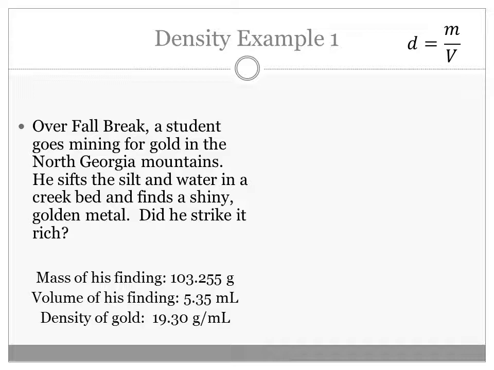So the idea here is, can I find the density of this golden metal that he found in the creek bed? And then once I have that, let's compare it to the density of gold and see if it matches. This is actually how some metal identification is done, in the real scientific world, not just in the classroom.